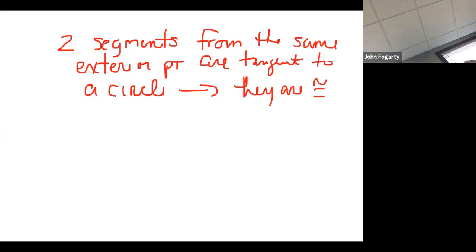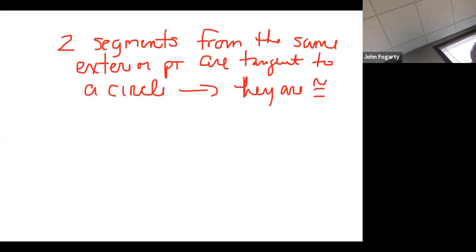So if you have two segments from some point outside of a circle, and both of those segments are tangent to the circle, then they are congruent.